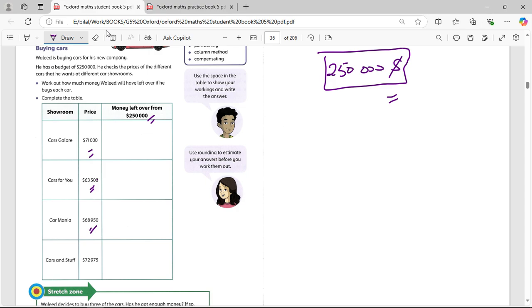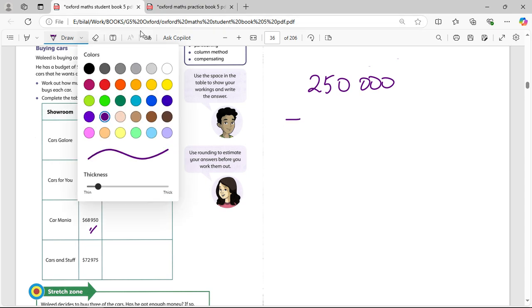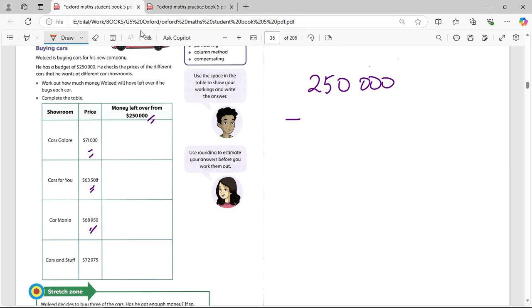So now let's take $250,000, and I'm going to subtract from it. Let me write it a little bit bigger because this one is a little small. So I'm going to write $250,000, and I'm going to take from it. But what's the condition in this case? You need to align the ones with the ones, the tens with the tens.